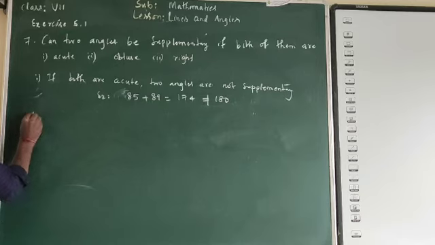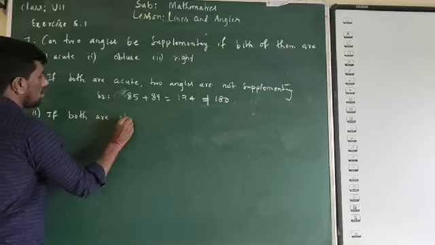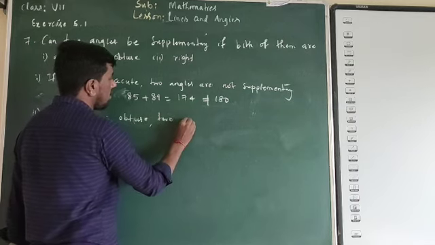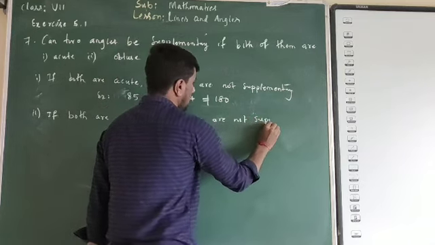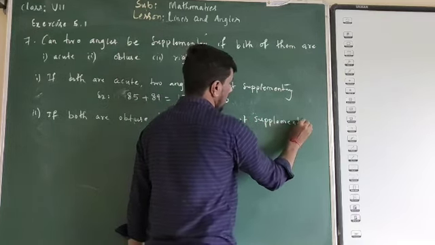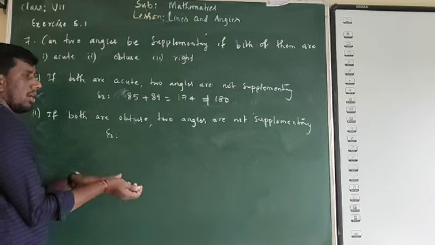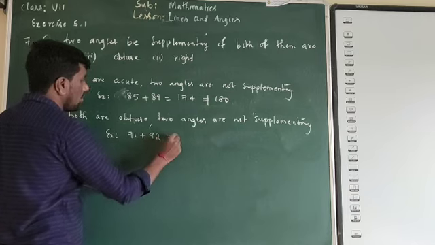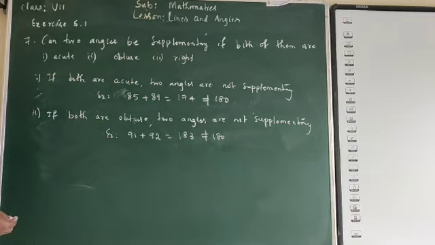Second one, if both are obtuse, the two angles are not supplementary. Example, I'm taking 91 plus 91, which is 182, which is not equal to 180. Therefore, this is also not a possible case.